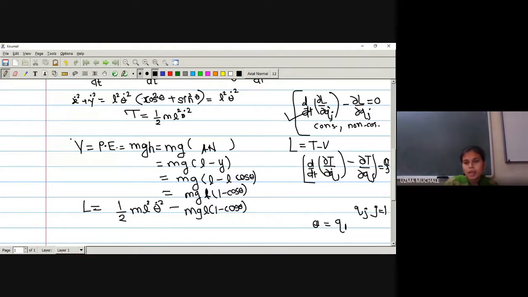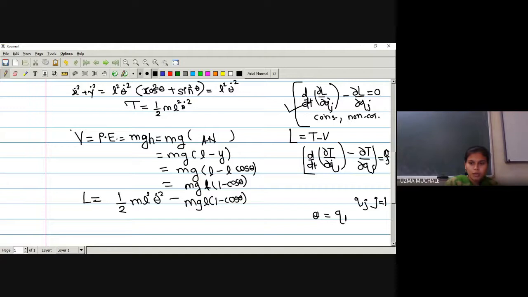If x, y, z are the Cartesian coordinates, then we solved 3 equations: d by dt of dou L by dou x dot minus dou L by dou x is equal to 0, similarly for y, and so on. These 3 equations we solved in proving Newton's laws of motion using the Lagrangian equation. Okay, this we have done.